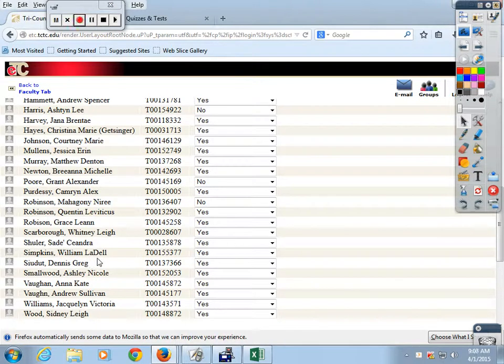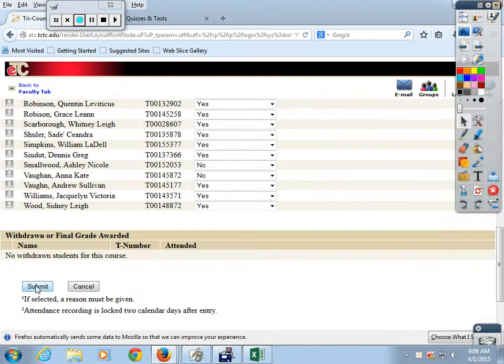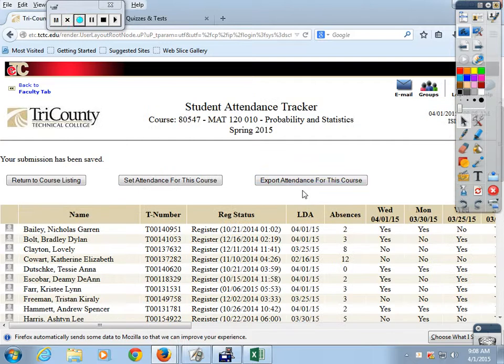I thought I saw Dennis. Oh, he's left. That is, yeah, that's here. Dennis is here. Smallwood. Not here. Both, no. One Vaughn is here. The other one's not. Williams and Wood. Okay, bureaucracy's done.